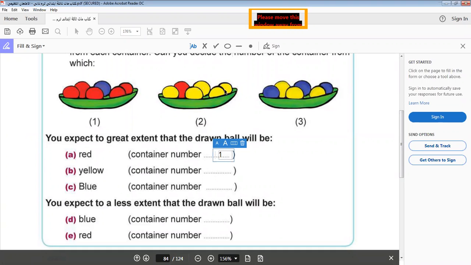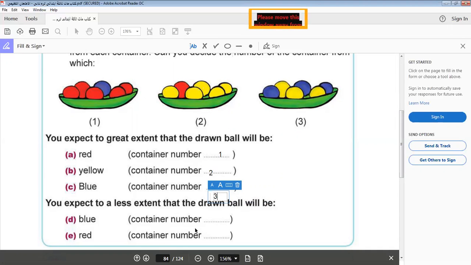The yellow: here you have 1 2 3 4 5 yellow and here 1 2 3. So here in container 2, this is the one most likely to give me yellow balls. Then the blue: here you have 3 and in the first one you have just 1 ball, so I will take the third one.